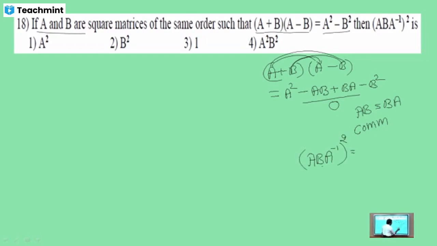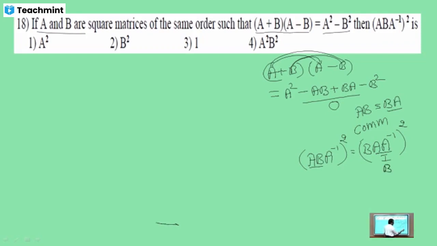In this, wherever AB is there, I can write BA. When I write BA, this becomes (BA A inverse) whole square. And I know that A into A inverse is always equal to identity. When a matrix or a function is multiplied by its inverse, I am getting identity itself. What is B into I?